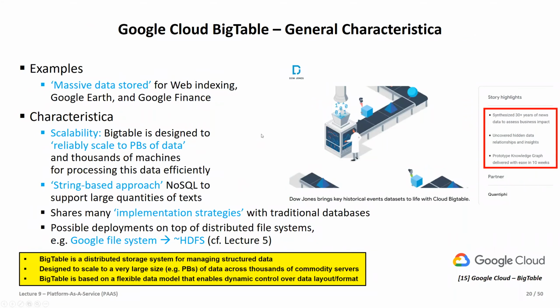And then you can go to this general characteristic, where Cloud Bigtable is there, for instance, as another service, implementing lots of different aspects of NoSQL, but in a very specific way, for instance a string-based approach to NoSQL.